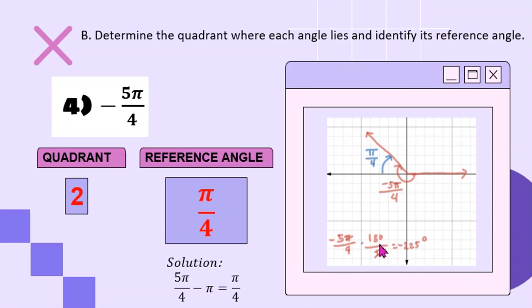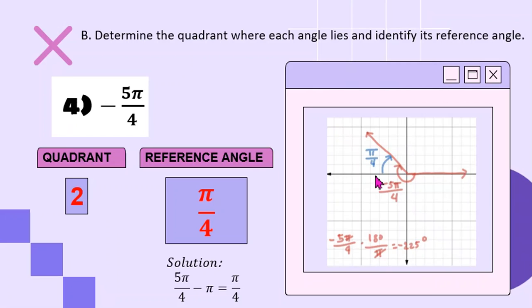Converting it to degrees, we will multiply it with 180 over pi to cancel the pi, and we get negative 225 degrees. So with negative 225 degrees in mind, it would be easy for us to determine its position. Okay, it's negative, so we are rotating clockwise. So from positive x to this line, that's 90.